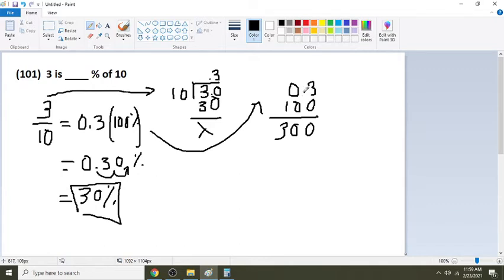You have one space to the right of the decimal point, and you need one space also here, which leaves you with 30. That's 30%.